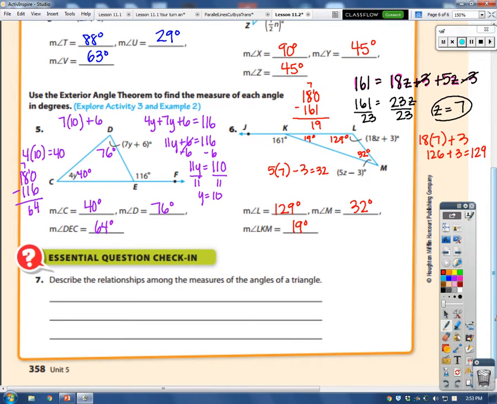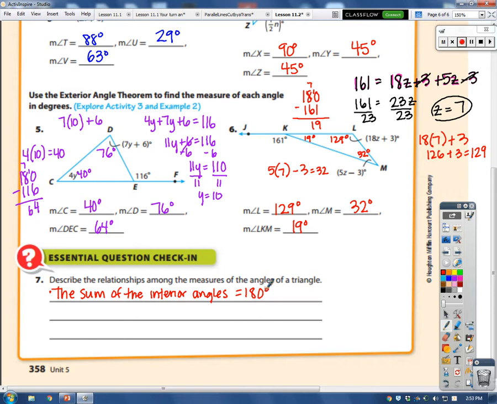Okay, the last one we have is our essential question check-in. We're going to describe the relationship among the measures of the angles in the triangle. So, what we know is the sum of our interior angles is always going to be 180. Of the interior angles. Always equals 180 degrees. Okay? What else do we know?